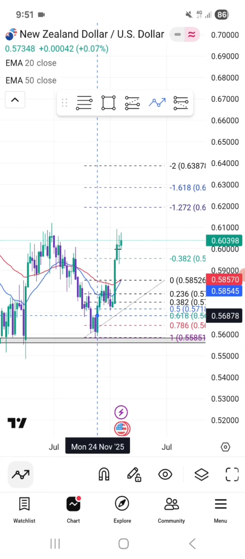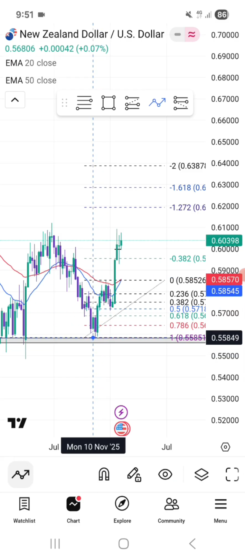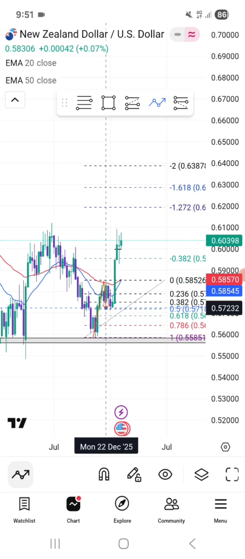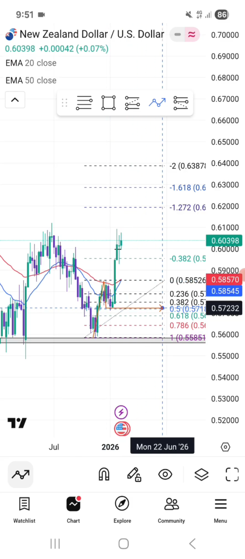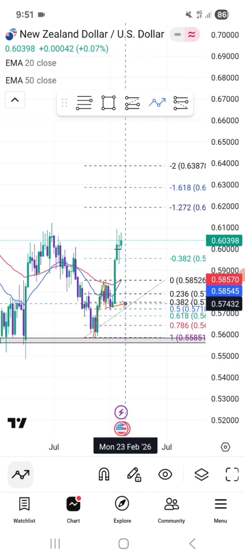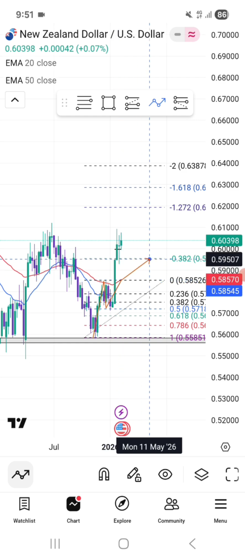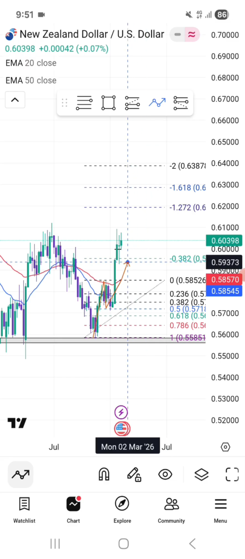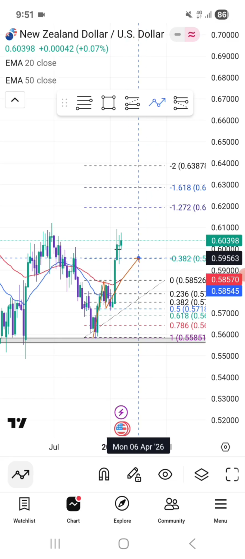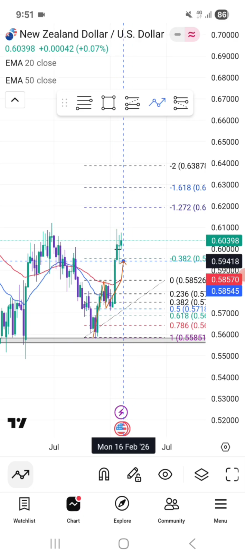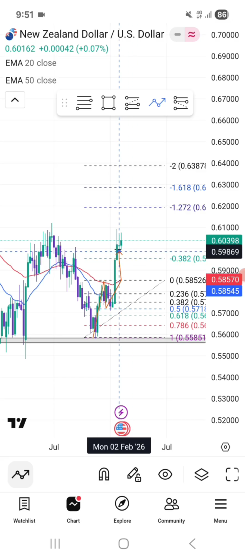So notice how on the weekly time frame, price had pulled back to the 0.5 of the Fibonacci, and then started to push back up, and then hit our first TP, which is a 0%, and then our second TP, which is Fibonacci extension of negative 0.382.